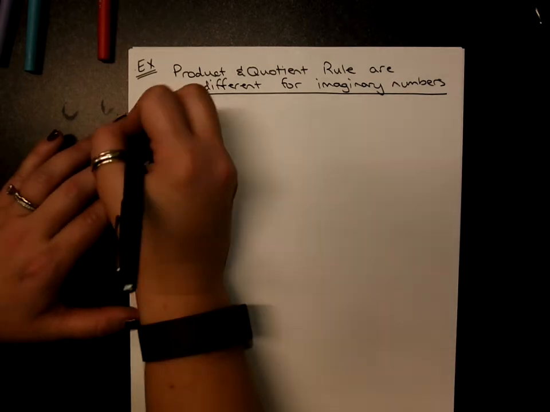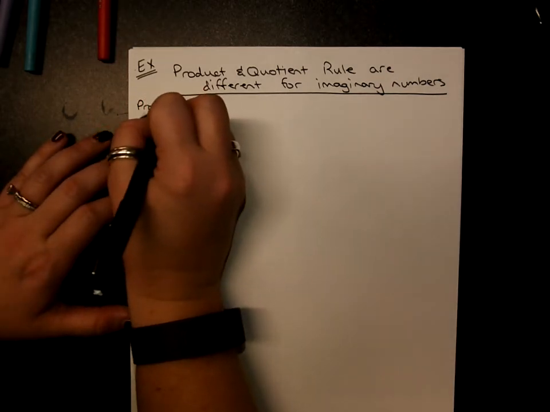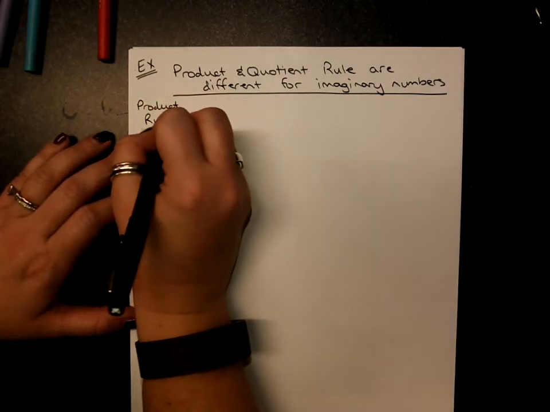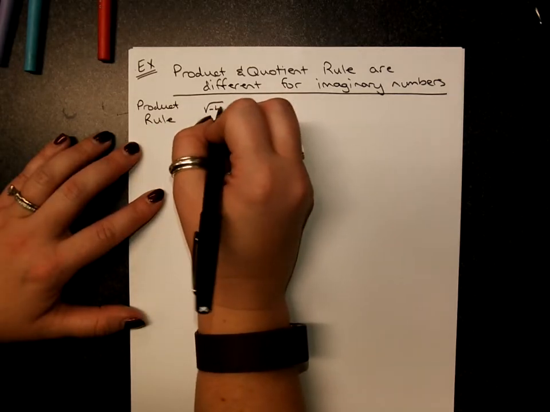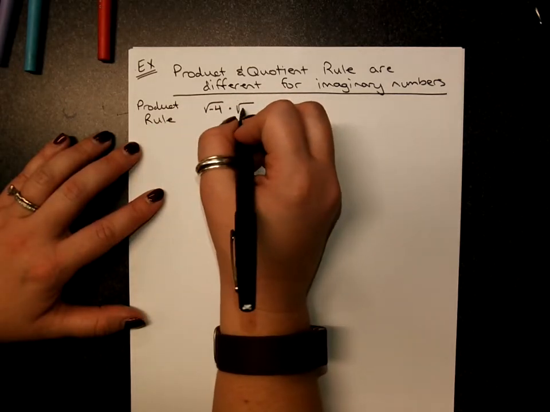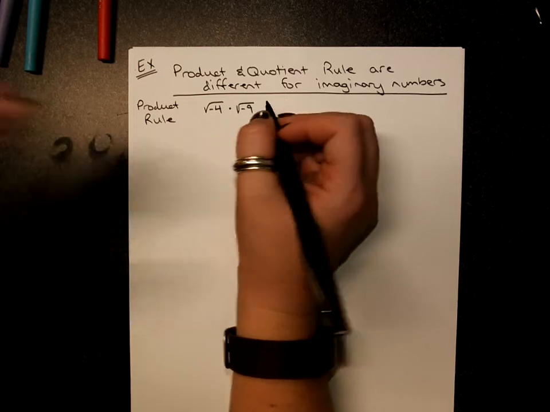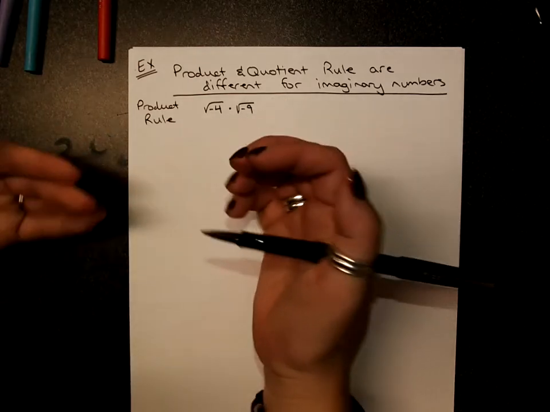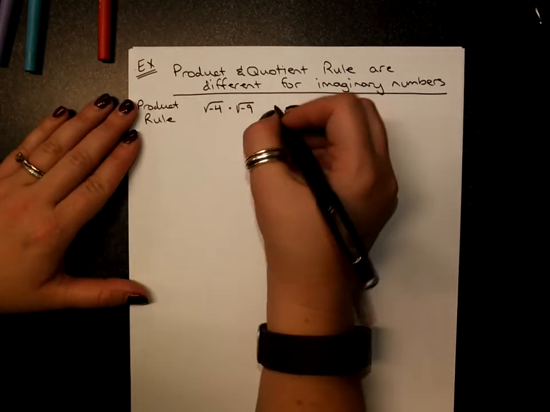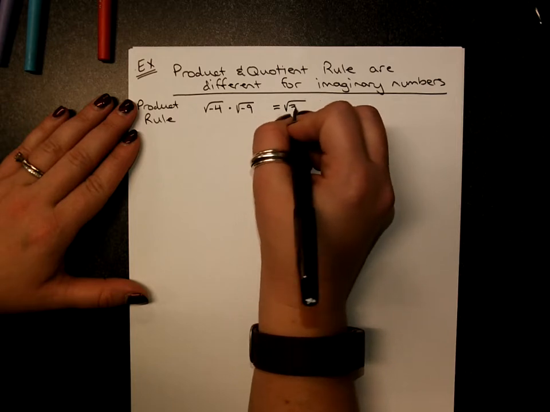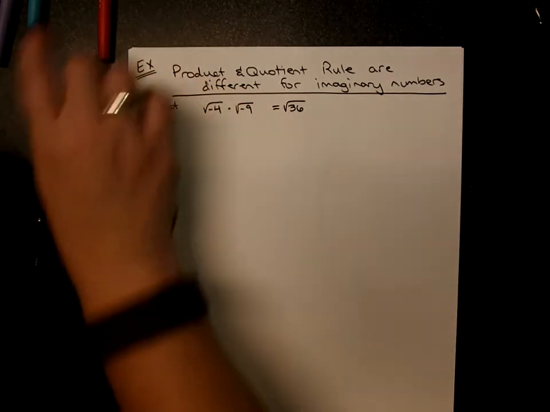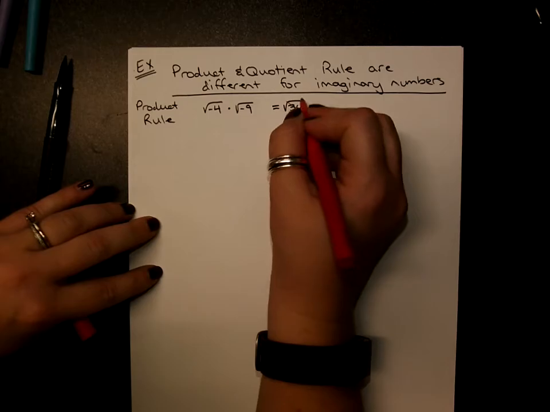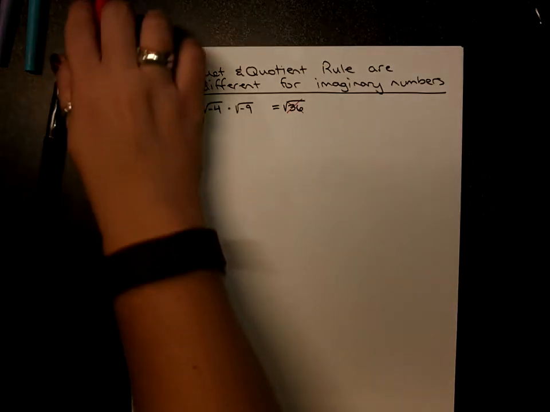So the product rule, if I have the square root of negative 4 times the square root of negative 9, the original product rule says to multiply those together and you would get the square root of positive 36, but that's not how this works. So put a big X through that. That is not how this works.